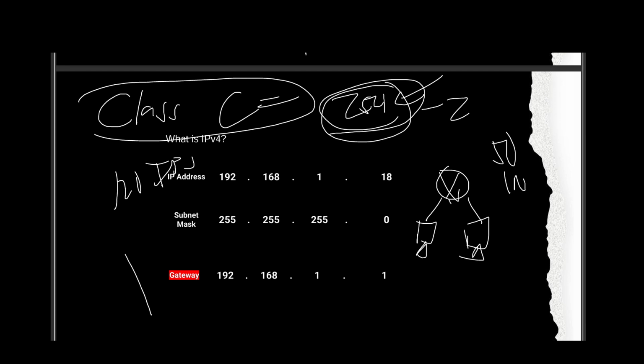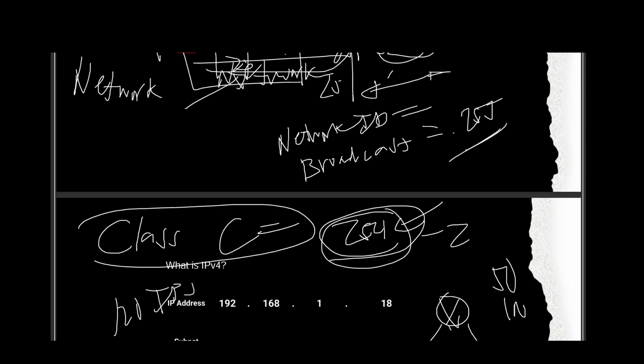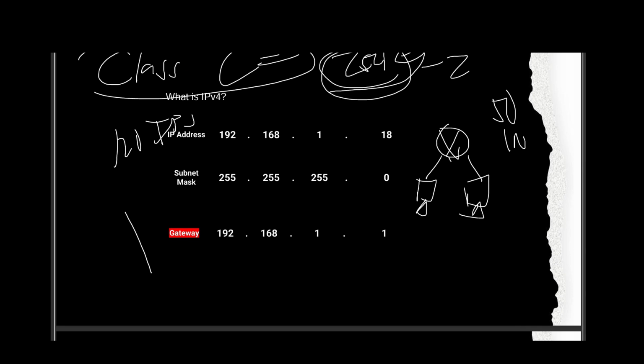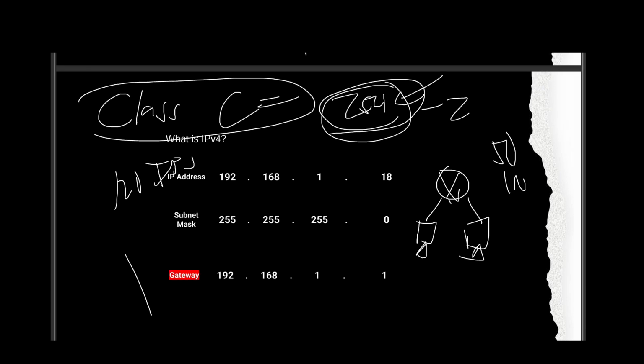Just to give you an idea why this is not the best practice: the last IP, the 255, is the broadcast IP, a way for us to send a broadcast message to all parts of the network. If I need to update or ask for certain information from the whole network, all those IP addresses will receive the broadcast message, but considering you only have around 50 hosts, you're sending 250 packets for that specific network.